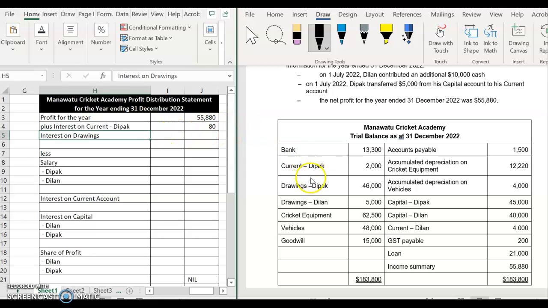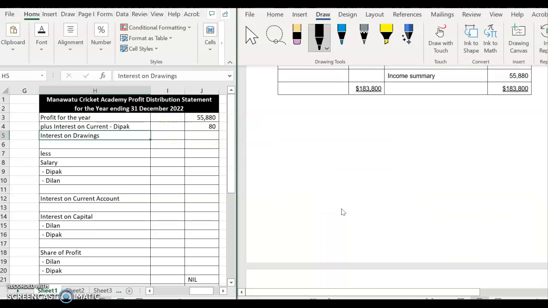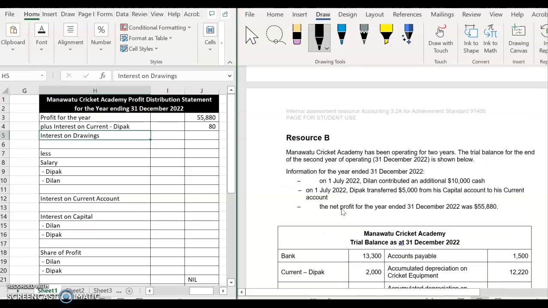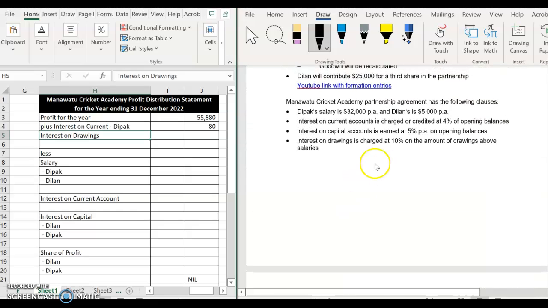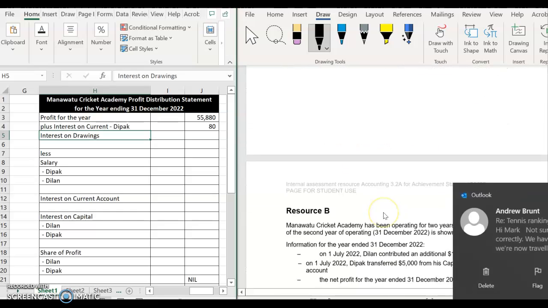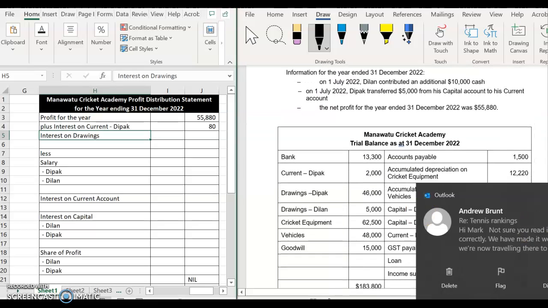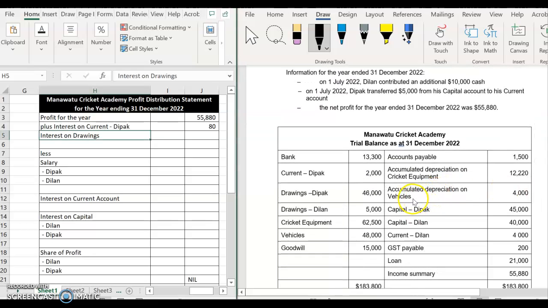Interest on drawings. So drawings were above the salary. So the salaries were 32,000 and 5,000. So 32,000. Dylan's got 46,000.